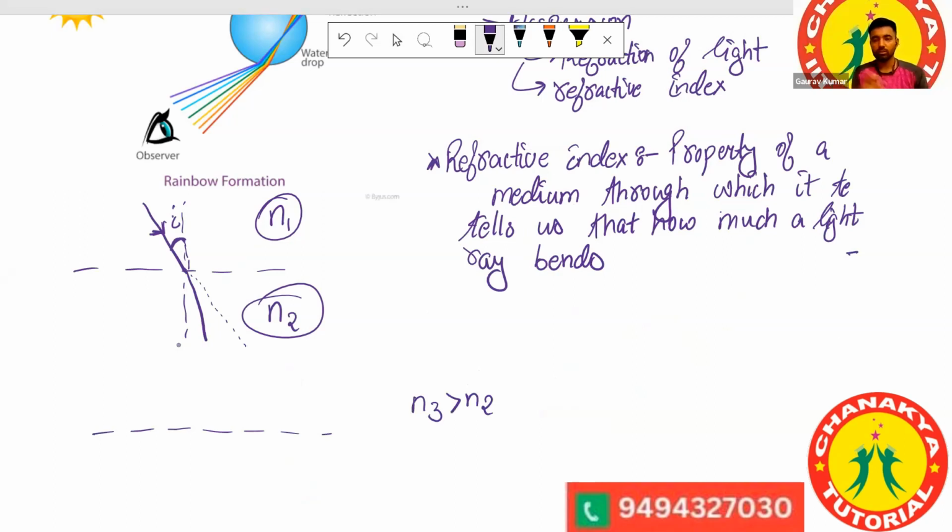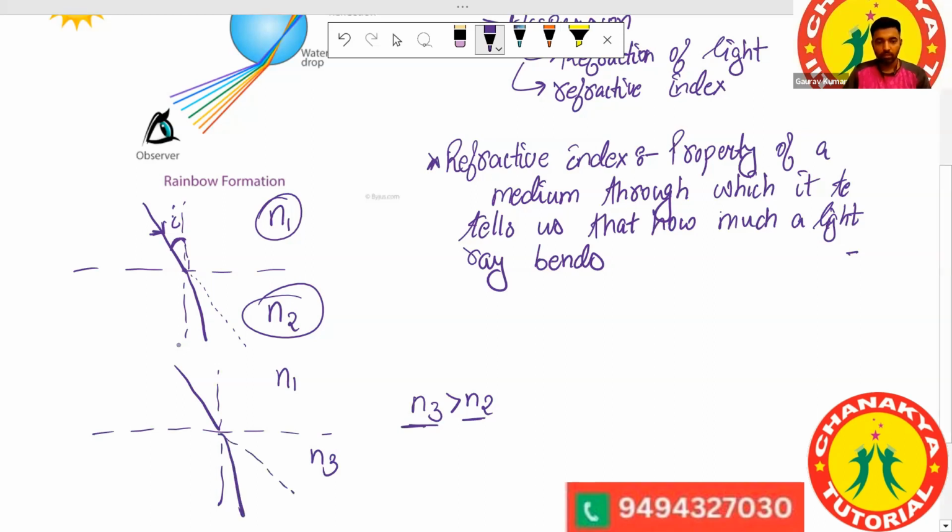Manasvi, these are some terms I am taking. n1, n2, n3 are refractive indices of media. Let's say light coming from n1 enters n3. If n3 is greater than n2, then the light will bend more.